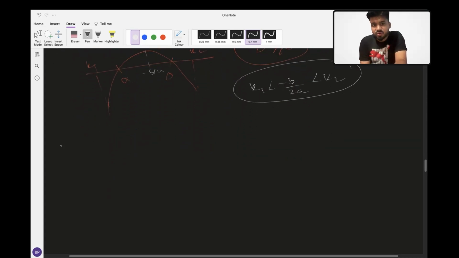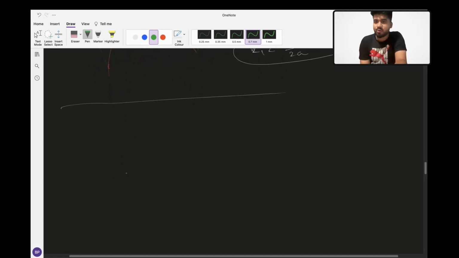Now, if you put one point inside and one point outside, what will happen? That means one root is inside. Let's assume this is k1 and this is k2. Or we can think about this also. Here for a greater than 0, we can draw two cases.